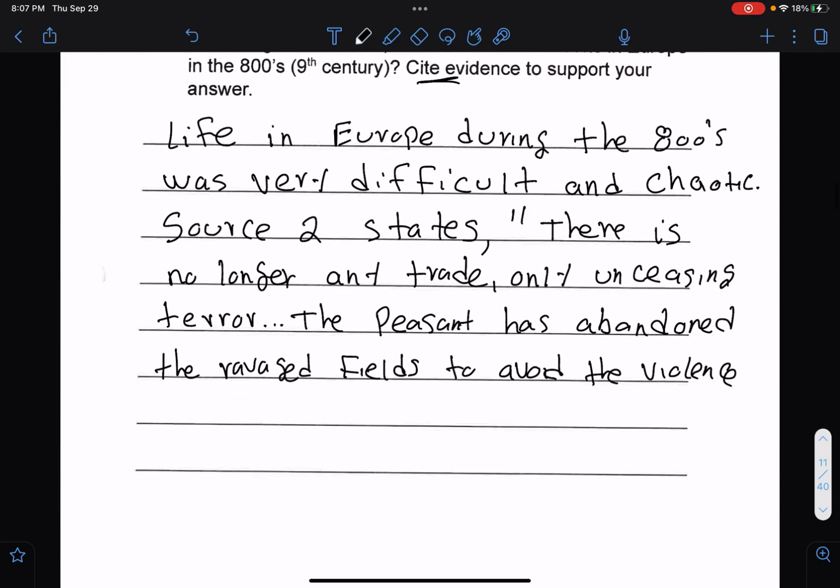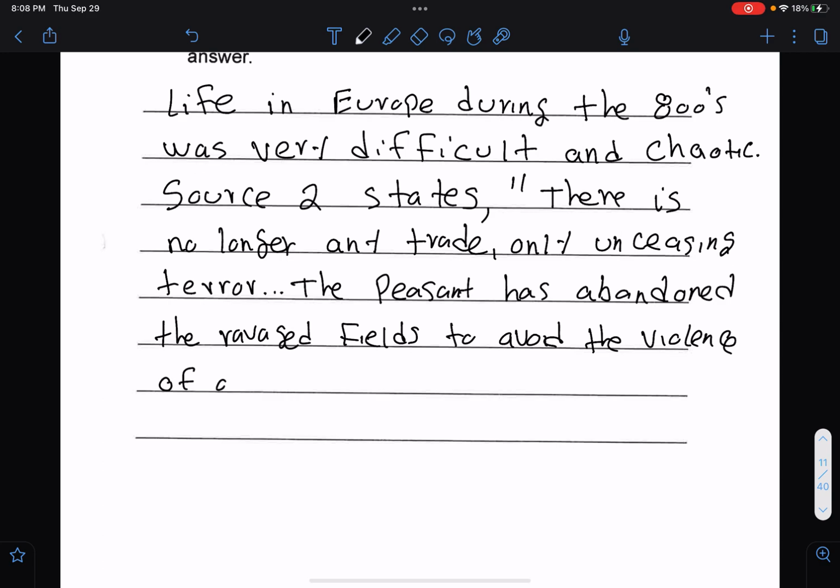Of anarchy. Period. Close quote. Now, I didn't ask you to explain it, but in this case, I would, because it's a good habit to do. So here I wrote, at this time, Europe was incomplete. So this is my explanation.